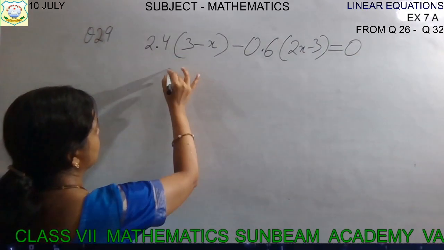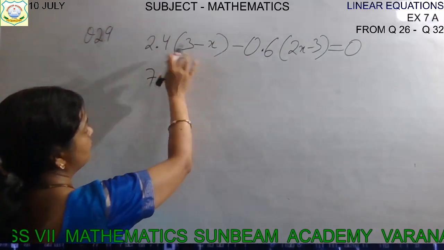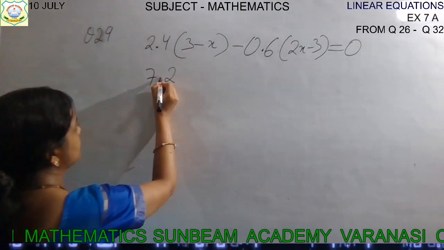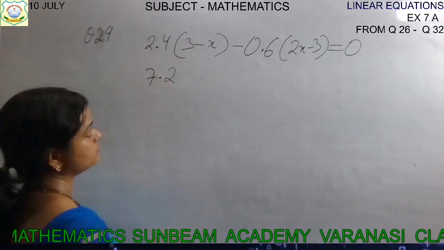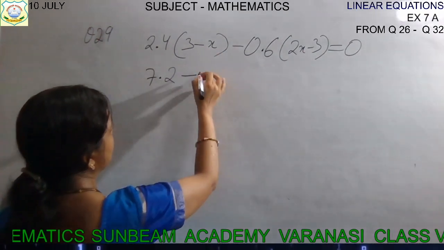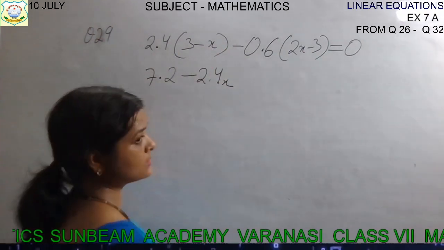2.4 into 3, it will be 7.2. Okay, 24 3s are 72 and there is one decimal point, so it will be 7.2. Clear? Minus 2.4 into 1, 2.4 and x. Keep x.